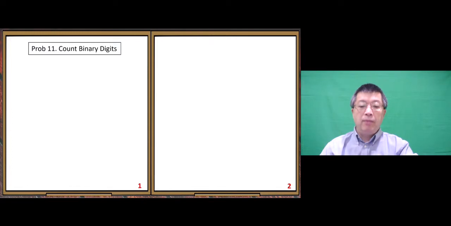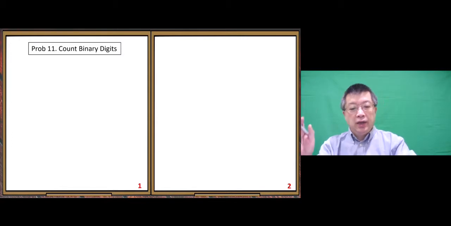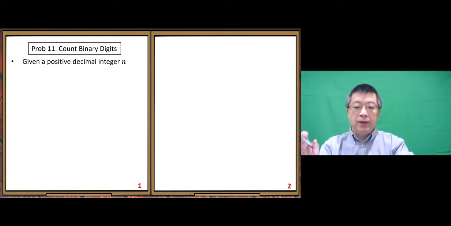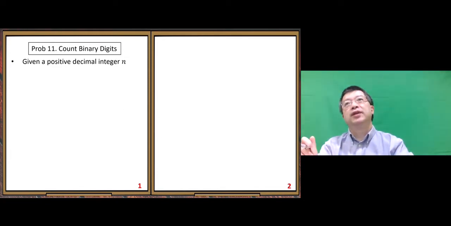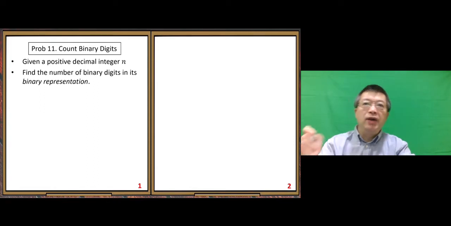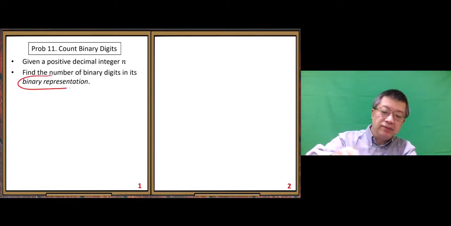Our problem number 11, count binary digits. The problem is very simple. Given a positive decimal integer n, find the number of binary digits in its binary representation.